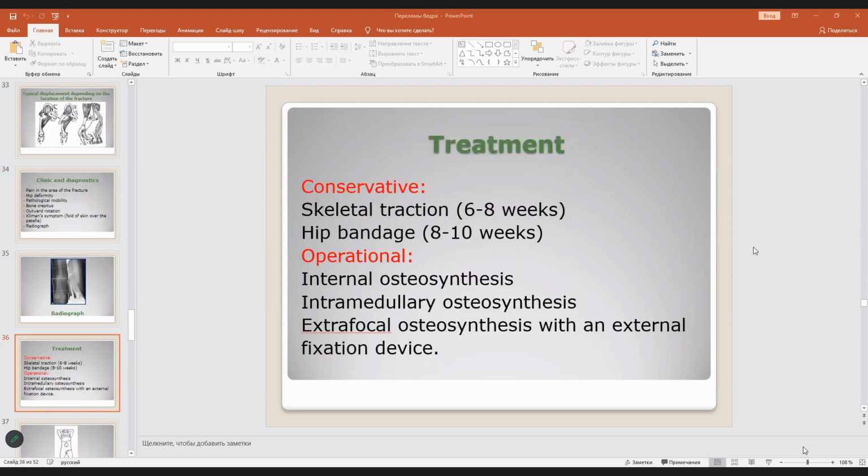Treatment. Conservative treatment: skeleton traction, 6 to 8 weeks. Hip plaster bandage, 8 to 10 weeks.